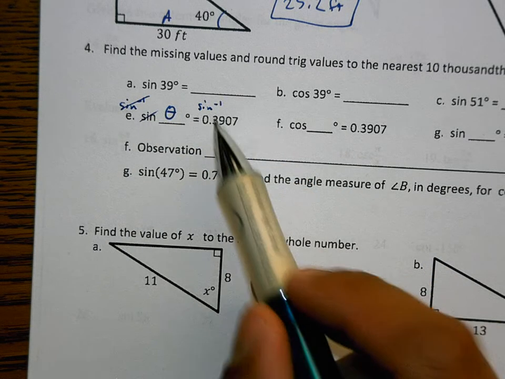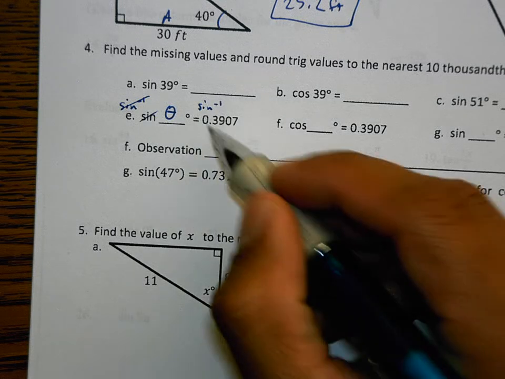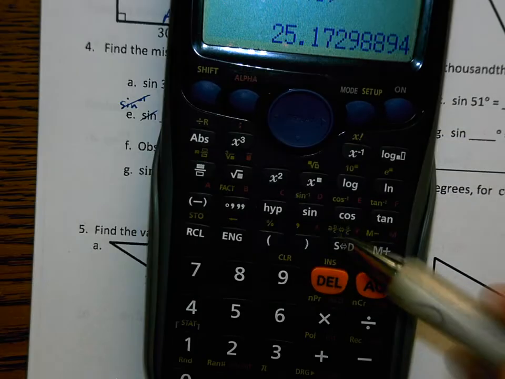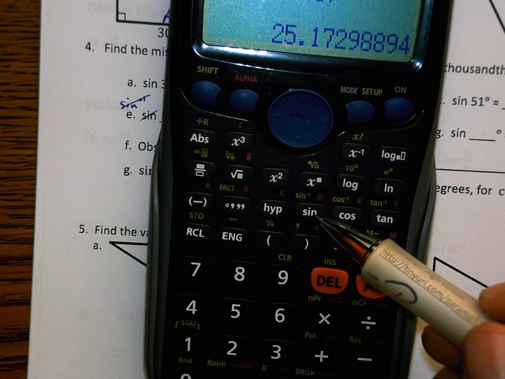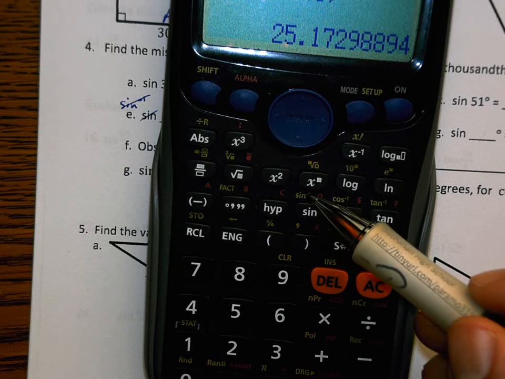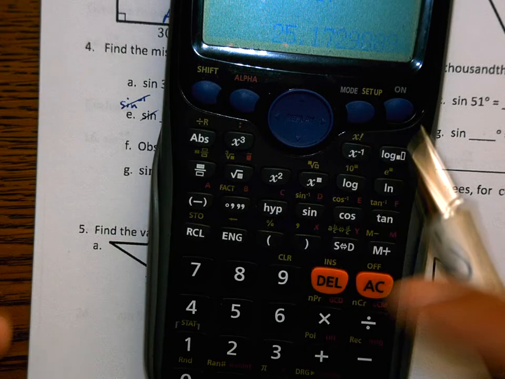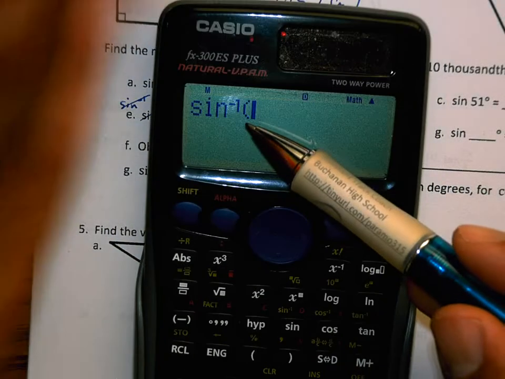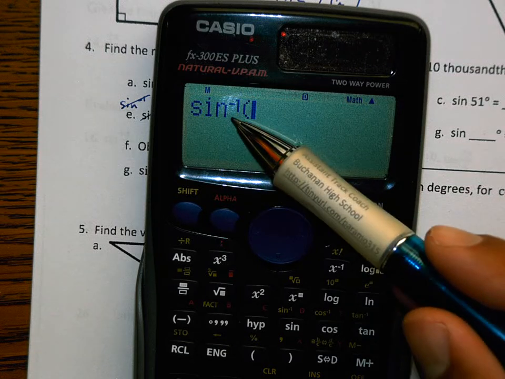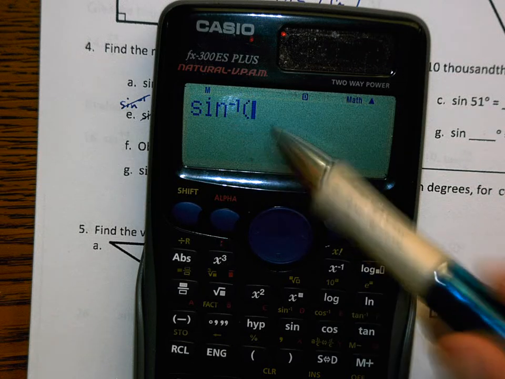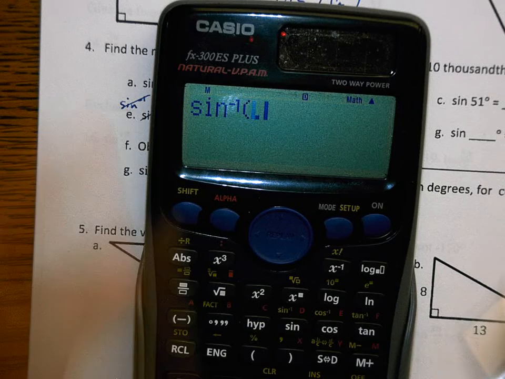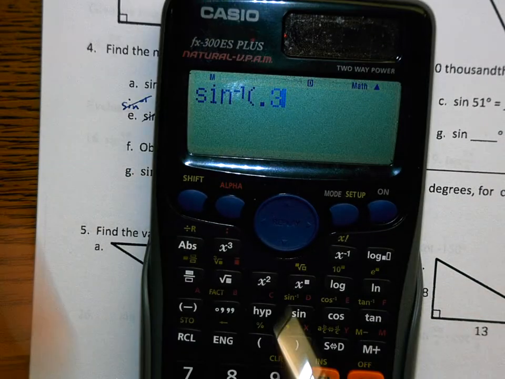And so if I want arc sine on my calculator of this, I have to press the shift key on my sine calculator. It's very hard to see here. It's in yellow. I can barely see that on the screen. Shift sine. But I bet you could see it up here. See how that says sine -1? Of what? 0.3907.